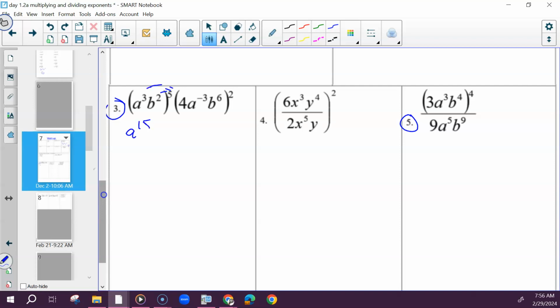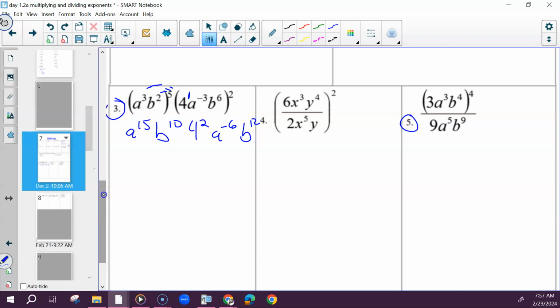So a to the 15, b to the 10. Remember to do this to any exponent you don't see also, so also to the 4. So now 4 squared, a to the negative 6, b to the 12. And then, what would be our next step? Combining.